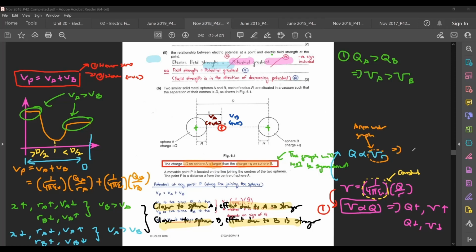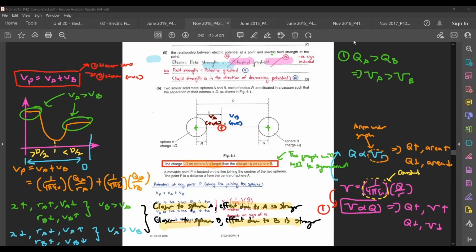So that now, if your Q is large, your area is large. The area under your potential distance graph is large. Okay, this one: Q is large, area is large; Q is small, area is small.